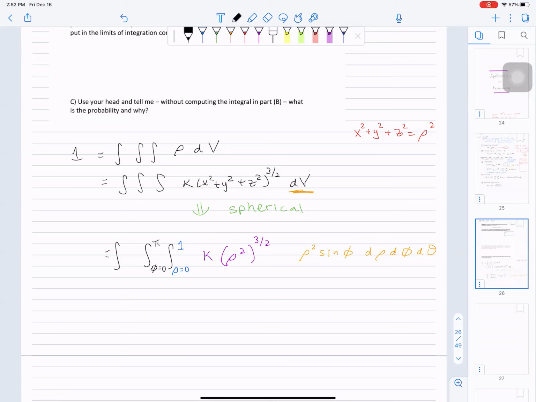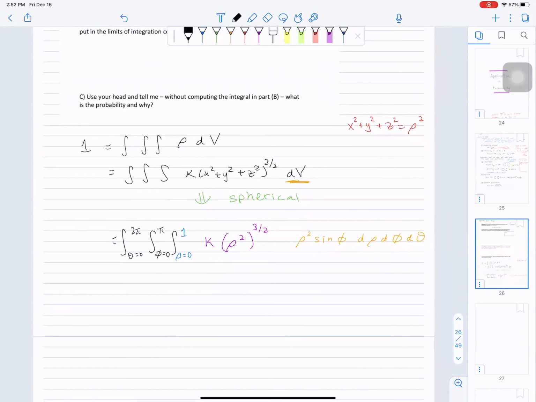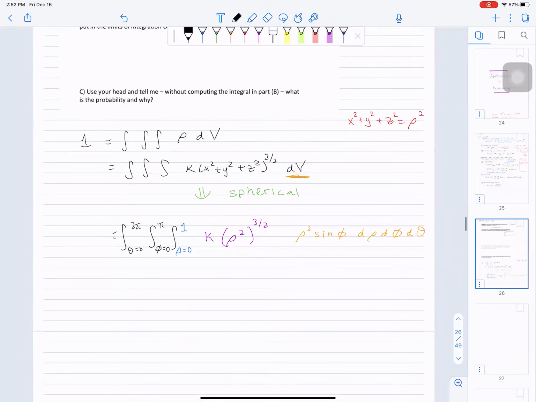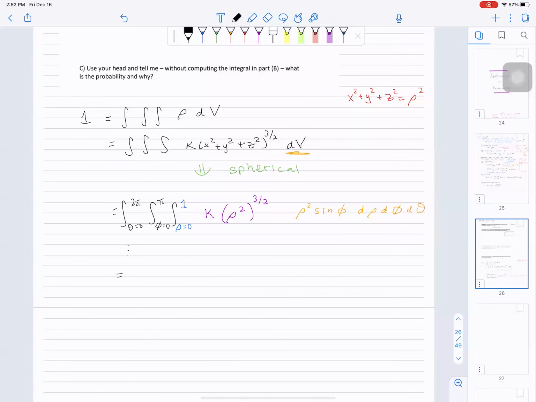Because phi is the angle that you make with the positive z-axis, and that's the entire sphere, so 0 to pi. And then theta, we have no bounds, so 0 to 2 pi. I won't do this work because we're running short on time, but we get 2/3 pi k equals 1. And so I solve for k. K is 3/2 pi.